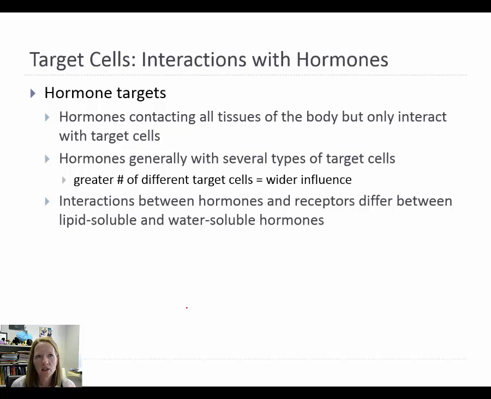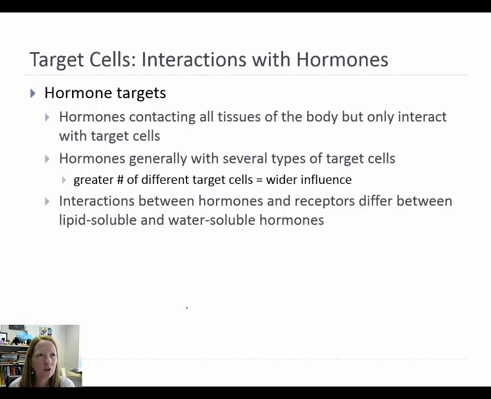Remember that each hormone is going to have different target cells. For example, prolactin's target cell is a mammary gland. That's actually one type of tissue, and that is it. It's not just one cell, obviously, because that would mean only one cell in the body would be making milk. But it's that one type of tissue.